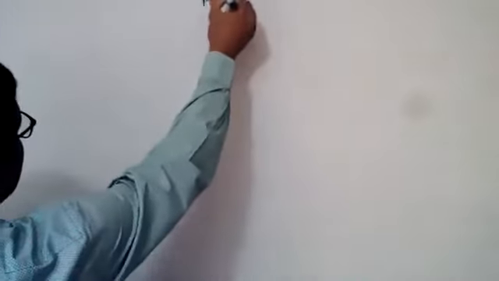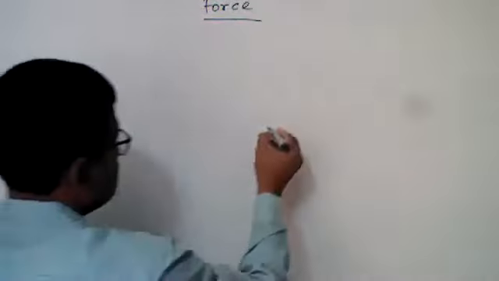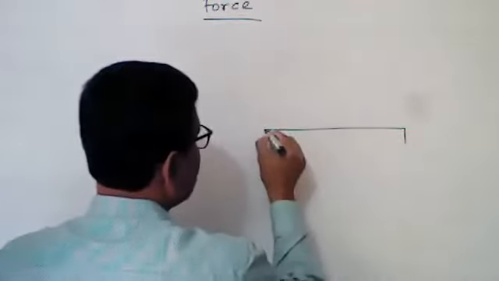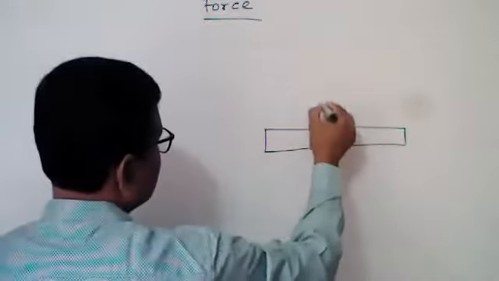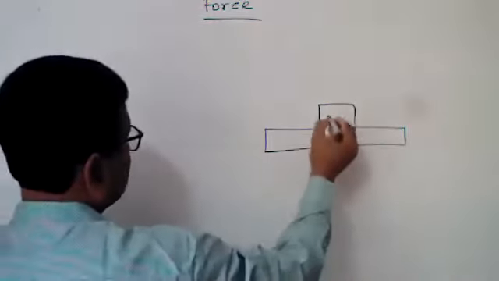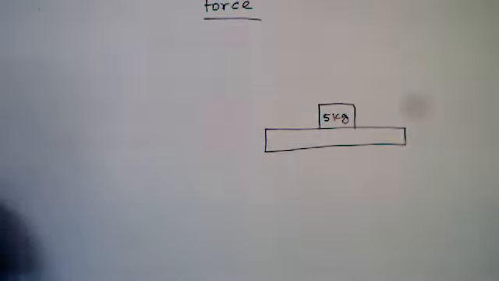Suppose this is the system and this is a surface, and here is the mass of an object. The mass of the object is 5 kilogram.